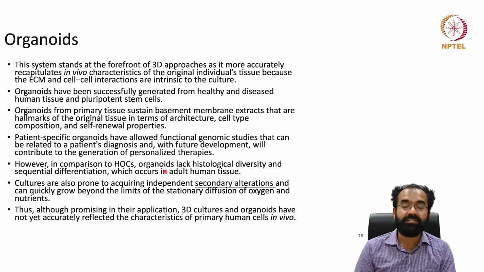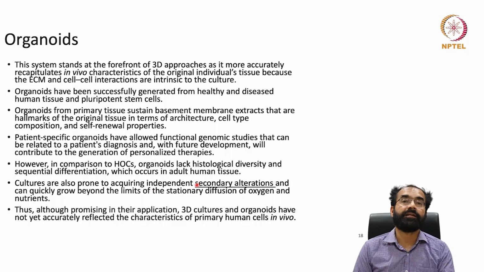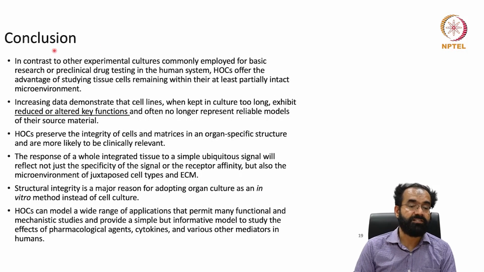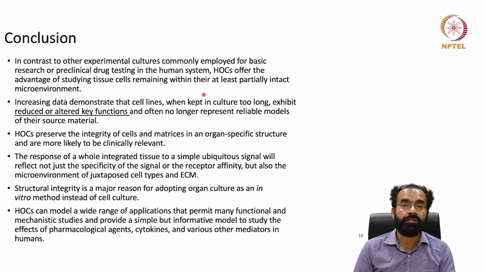However, in comparison to HOCs, organoids lack the histological diversity and sequential differentiation which occurs in adult tissues. So a lot of secondary alternatives also have to be taken into consideration. To conclude, in contrast to other experimental cultures commonly employed for basic research and clinical drug testing in human systems, HOCs have their unique place.